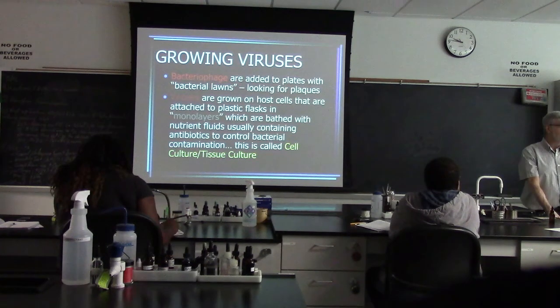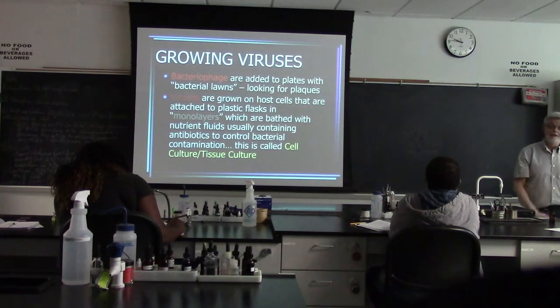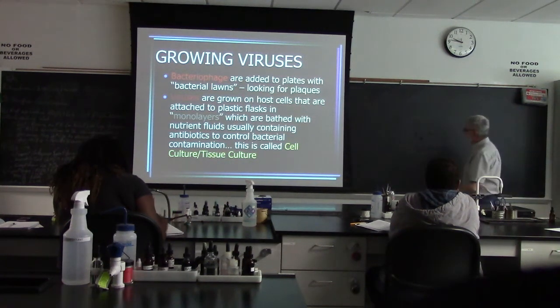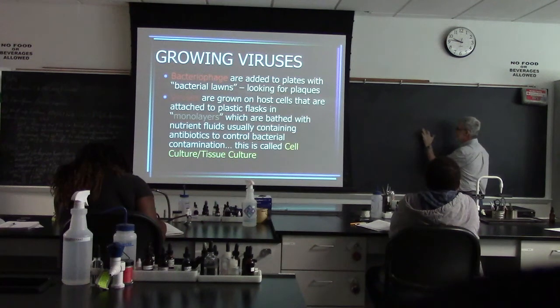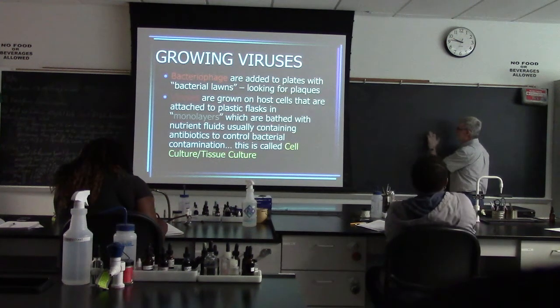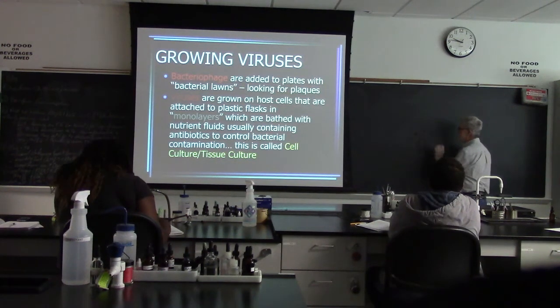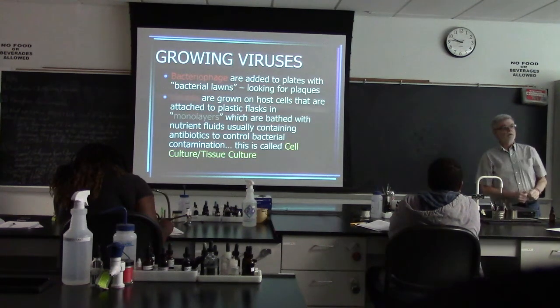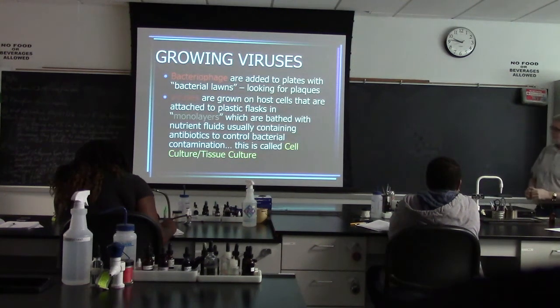E. coli viruses would be in an E. coli system, which is a sewage treatment plant. And we would then get plaques where they had killed the E. coli on our plate from the liquid in a sewage treatment plant. So that was bacterial viruses.